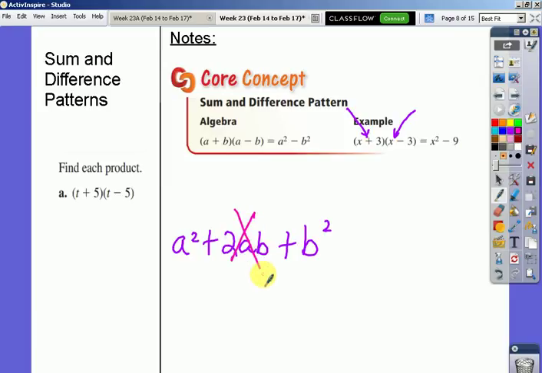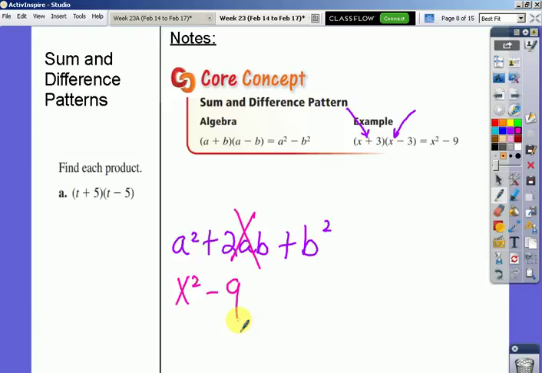And what I'm left with is a squared minus b squared. And the way I remember it is, if you multiply a negative and a positive, you get what? A negative. So if I'm finding the product and I have a negative and a positive, I'm going to have a minus sign. Does that make sense? So in this case, it's just going to be the first one squared minus the second one squared.